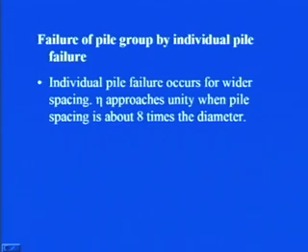Why is it so? Because the definition of eta is like that. Eta has been defined as the ultimate load carrying capacity of the group divided by the load carrying capacity of one particular pile into the number of piles. So, in case the piles are spaced largely, then eta approaches unity. And what large spacing can it be? It can be of the order of 8 times the diameter of the pile.